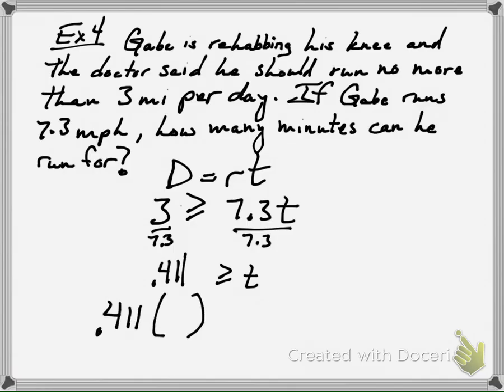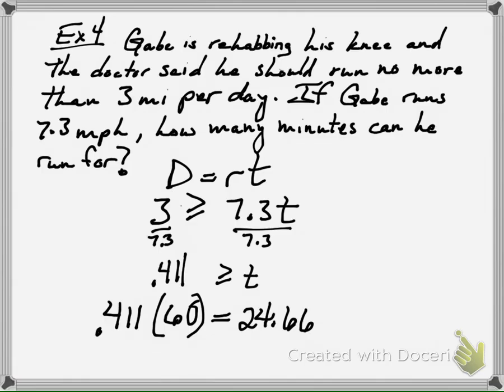What do we multiply by? Do you remember this? 60. Yeah, so we've got 0.411 times 60, and that's going to give me 24.66. And now that is in minutes.